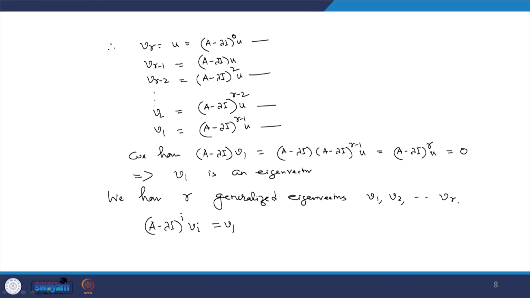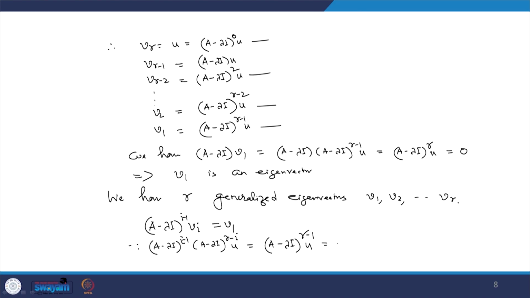You can check it, this will be equal to V1, because Vi, according to this formula, is (A − λI)^(R−i) operating on U. So, (A − λI)^i into Vi is equal to (A − λI)^R operating on U. Vi will be equal to R minus i, so it will basically be R minus 1.